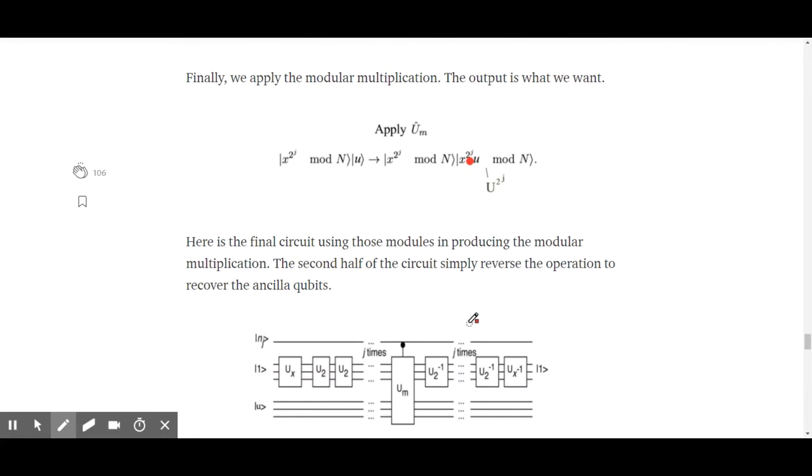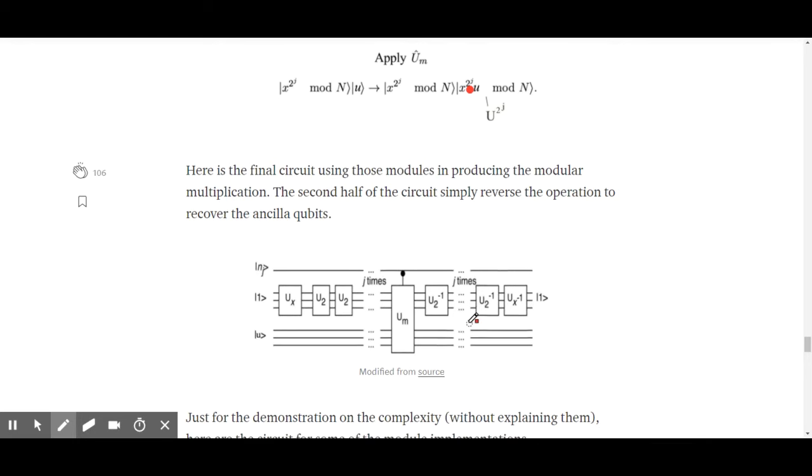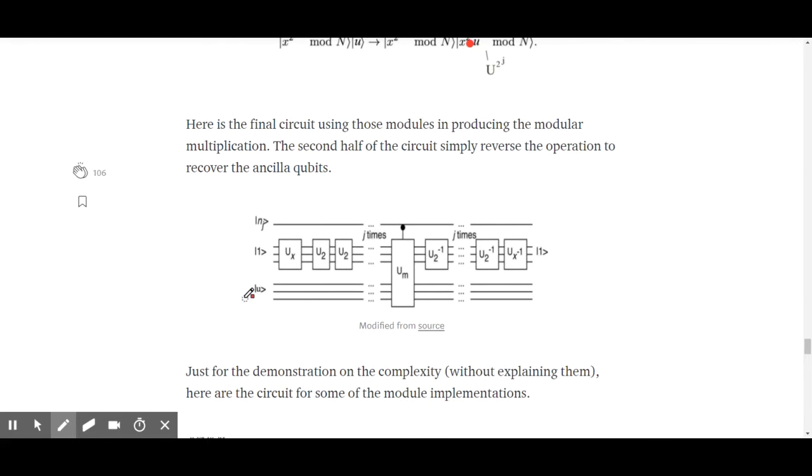So here's the final circuit using those modules in producing the modular multiplication. The second half of the circuit simply reverses the operation to recover the ancillary qubits. So you've got u, and you've got the ancillary qubits. Basically, this is step 1.